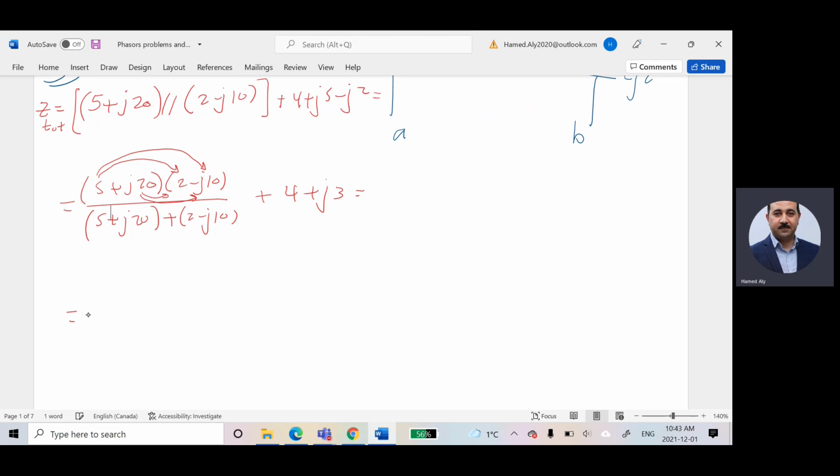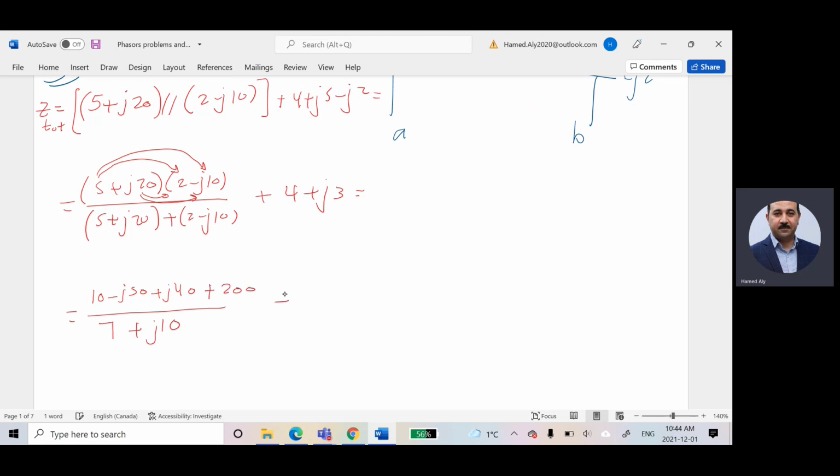If you try to do that, you will have here 2 plus 5 is 7 plus j10, and 5 times 2 is equal to 10, then plus 5 times negative j10 is equal to negative j50, then j20 times 2 is equal to j40, then j20 times negative j10 is equal to negative j square 100, but j square is giving me a negative sign, so negative times negative will be positive. At the end, I will have plus 200.